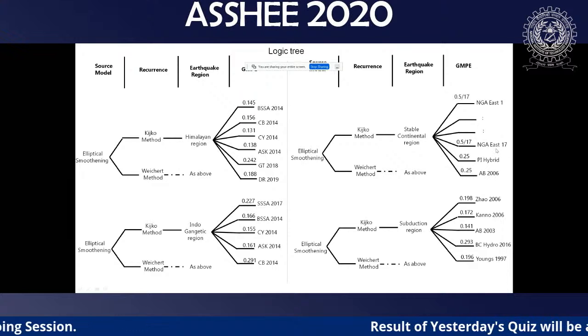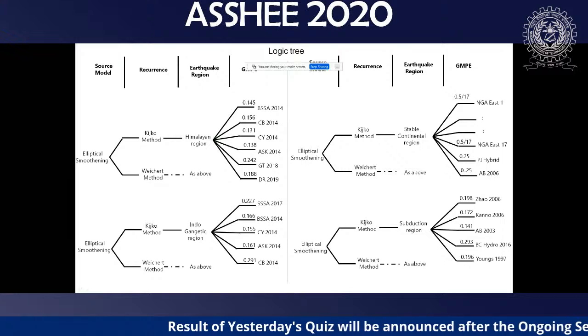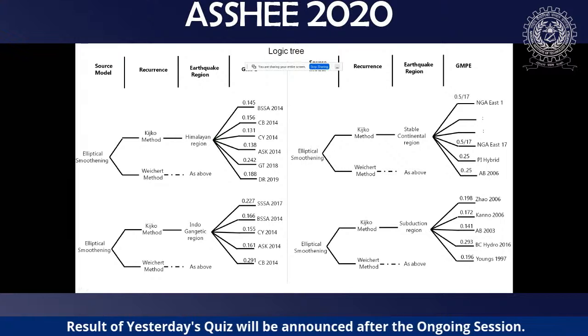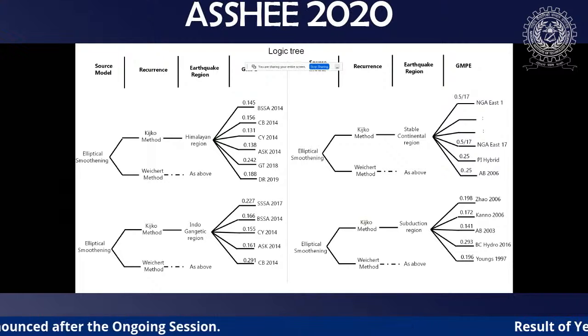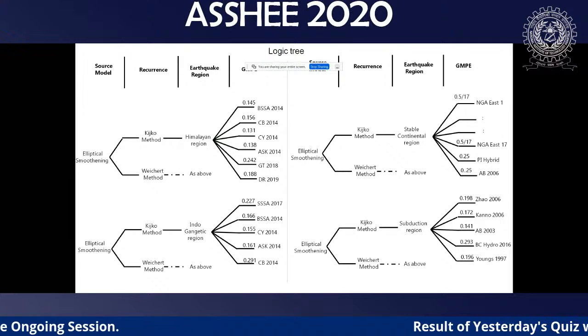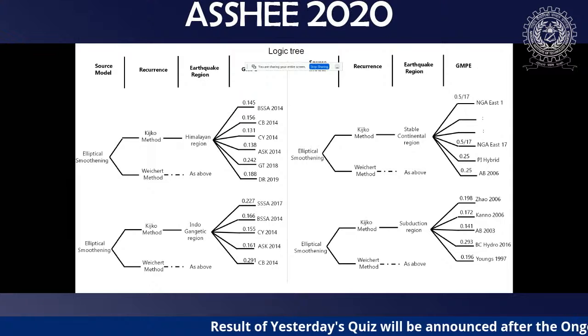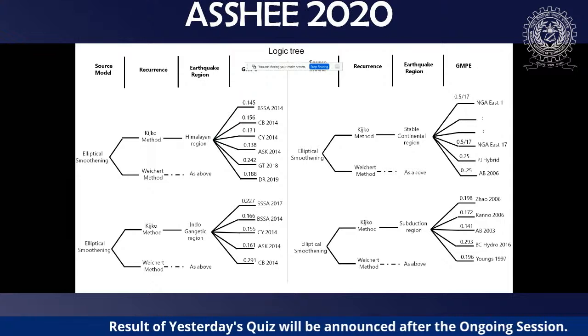Then we have our own hybrid method, as I already mentioned, Campbell's host-to-target region correction factors. And one more, Atkinson and Boore 2006, another equation for the stable continental region. All these equations have been used with appropriate weightages, estimated from our ranking of these GMPEs.